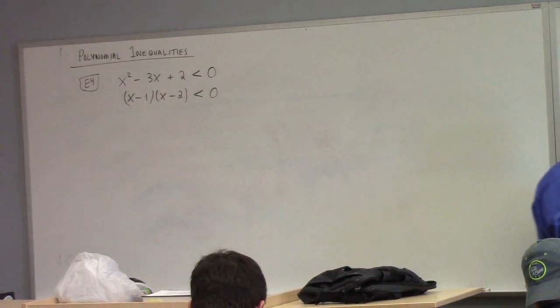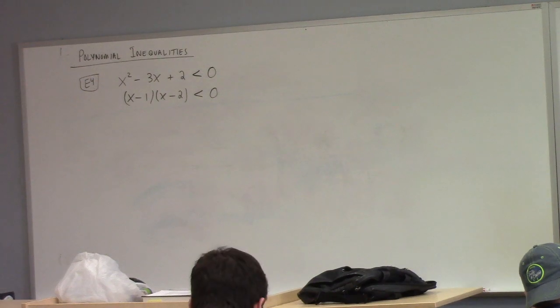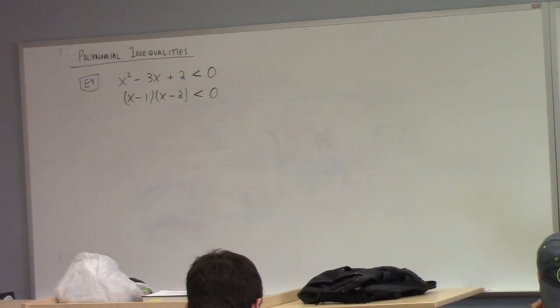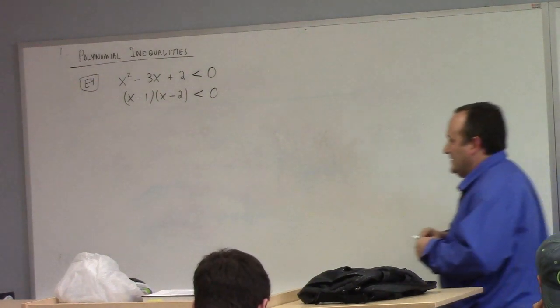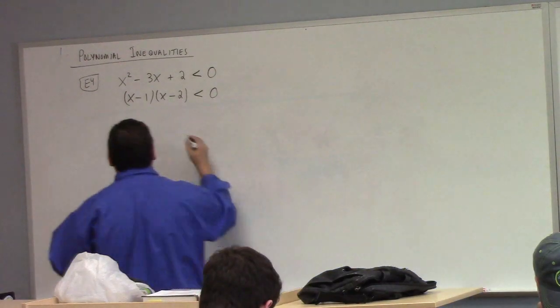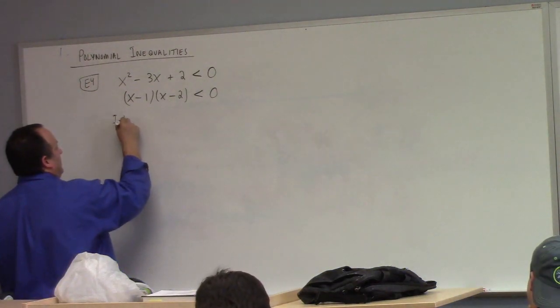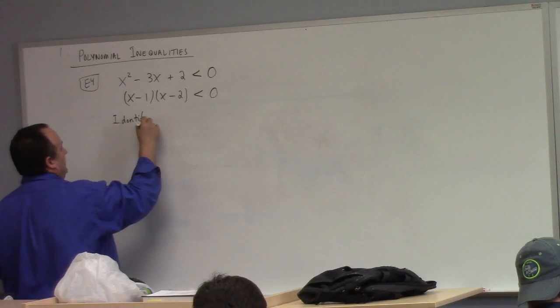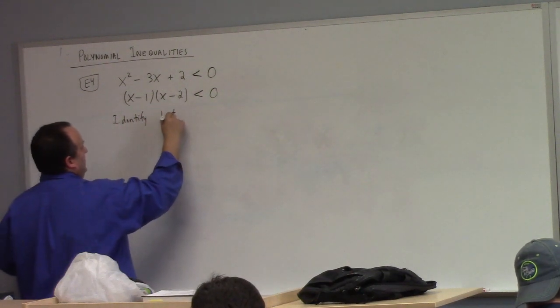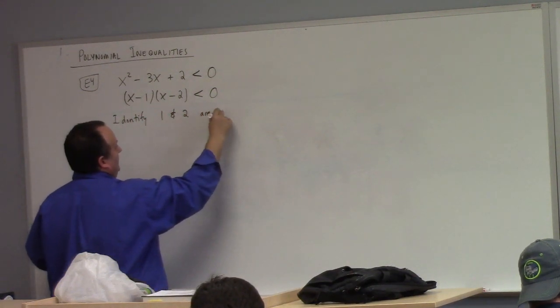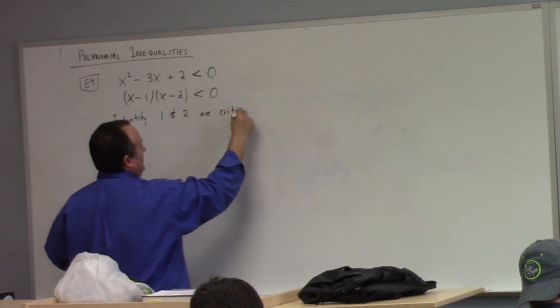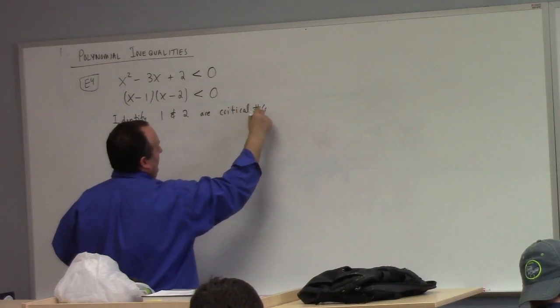Factor completely. Are we factored completely? We are. Step number 2, identify critical numbers. 1 and 2 are critical numbers.